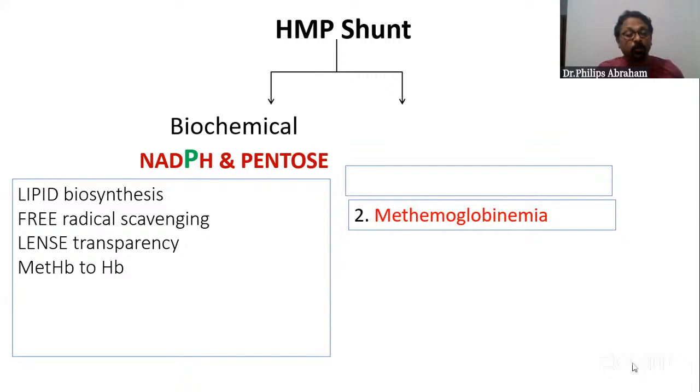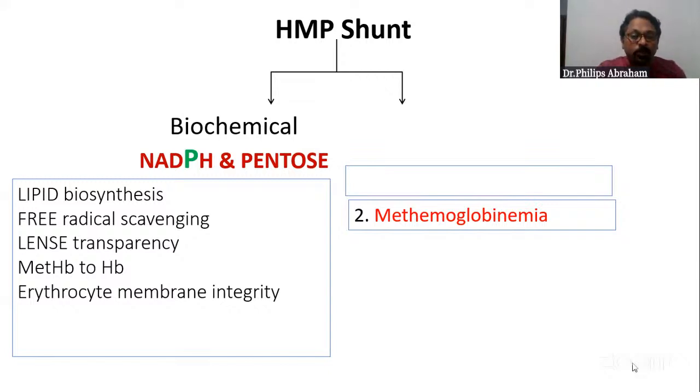As you know, methemoglobin is hemoglobin with iron in the ferric state. It cannot carry oxygen. For this conversion, we need NADPH. In the same way, by scavenging or inactivating free radicals, it helps maintain erythrocyte membrane integrity. So indirectly, the HMP pathway helps in all these processes.